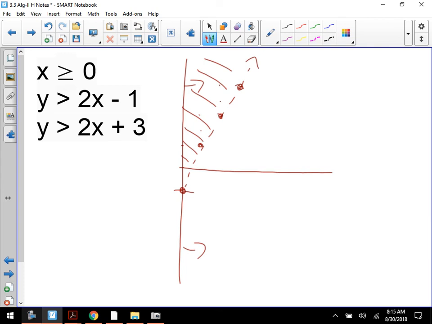It's weird because you're thinking, oh, x is go left and right, and yes, numbers that are bigger than 0 will track to the right as you're counting horizontally, but technically it's a vertical shaded region. And then the next one, start at +3, slope of 2. 1, 2, 3.